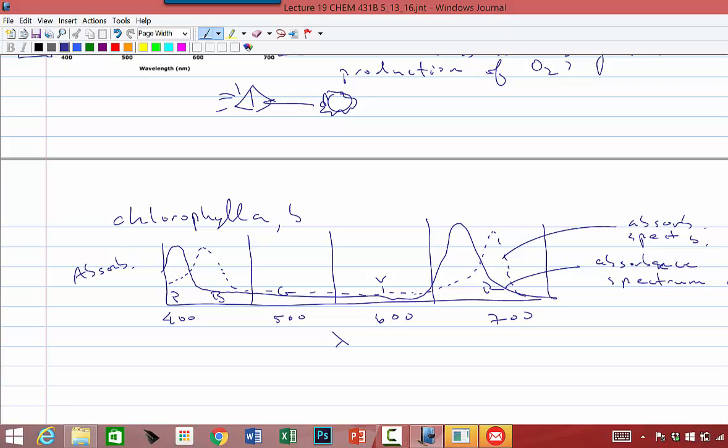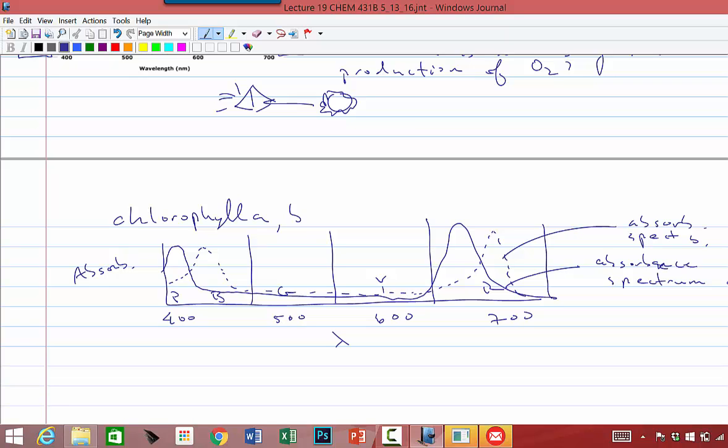Why is it called P700? It's a weird name. It's called P700 because the wavelength of light that can excite electrons in photosystem 1 can be 700 nanometers or less. 700 nanometers or less. Okay?